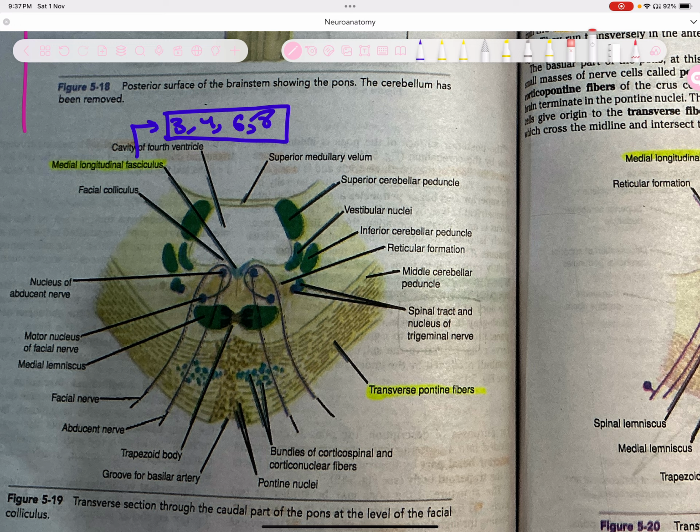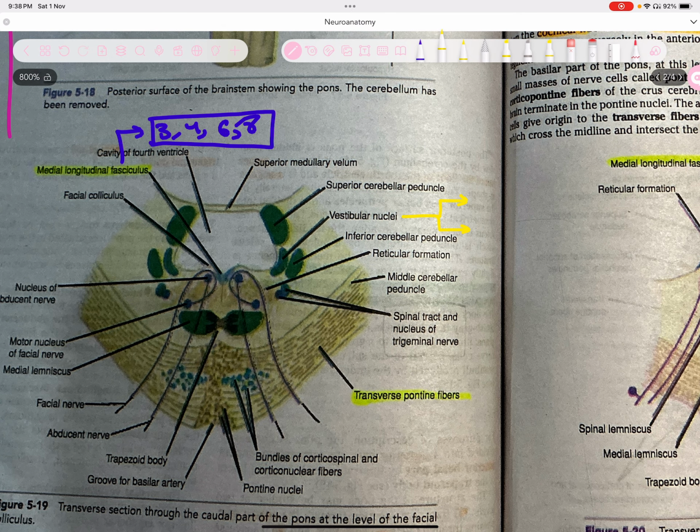Now you can also see the vestibular nuclei. I told you previously that your vestibulocochlear nerve, or you can say vestibular cochlear nuclei or nerve, has a vestibular part and a cochlear part.